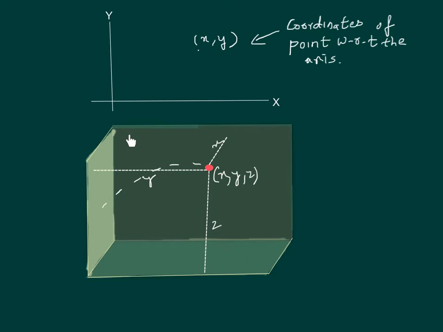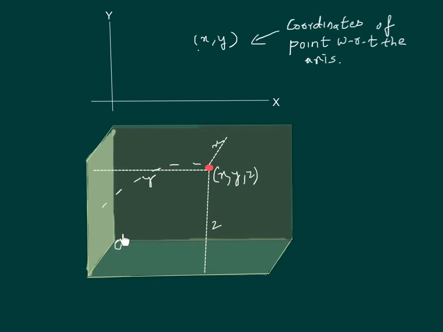One plane is this one, the other is this one, and the third one is basically the floor, and we can see that all three are perpendicular to each other. Now the point of intersection of the three planes, that is this particular point, will be named the origin.